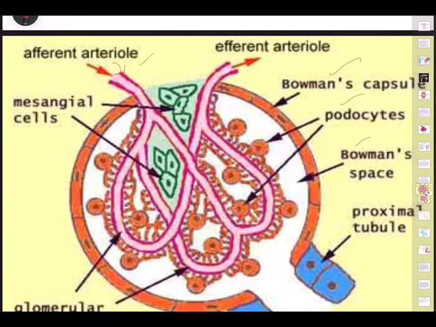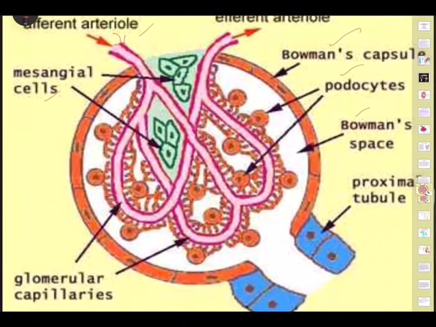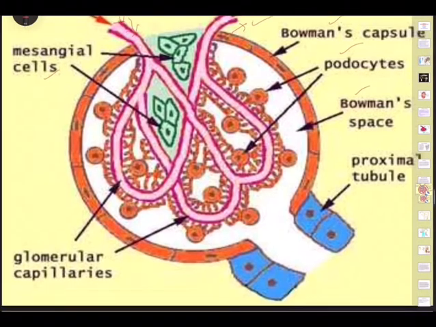Then of course there's a lumen, the Bowman's space, and then there are mesangial cells. And once the blood comes inside, the glomerular capillaries will do the work, and finally it goes out through the efferent arteriole. So the direction is in, go through the process of ultrafiltration, and out.